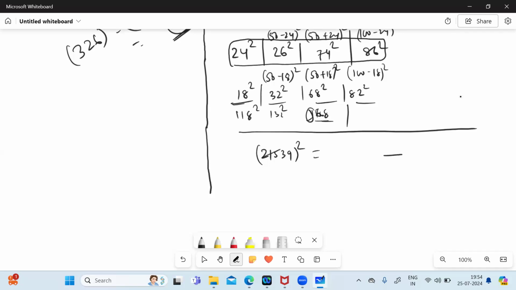You know it. This doesn't matter. Actually, it's the last two digits of 39, which is 50 minus 11. The 11 square will have 21. So this is how you can calculate the last two digits of any square.